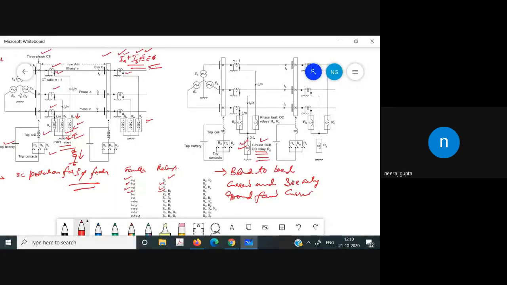So, instead of using a relay in all three phases, we will use the relay in two phases and in the ground path.